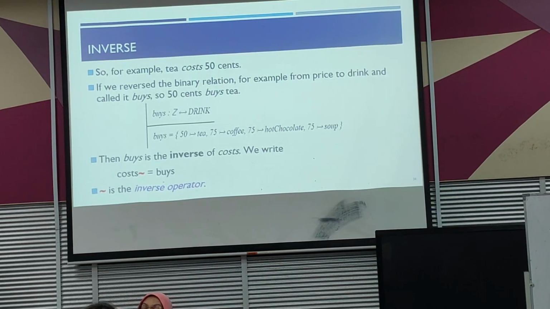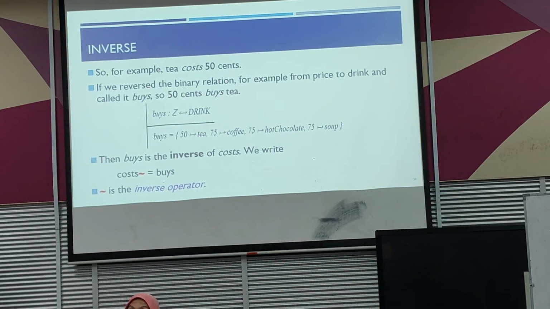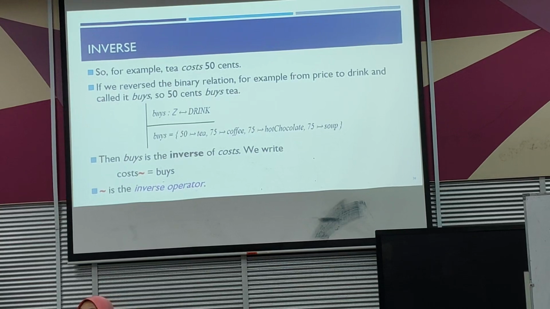So this inverse operator is used when, for example, just now, when I want to search ID, no problem. I'm using relational image, no problem, because I search through domain. But if let's say I have the name, I don't have the ID, so I want to use relational image.